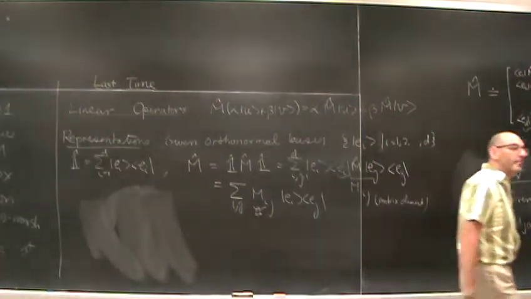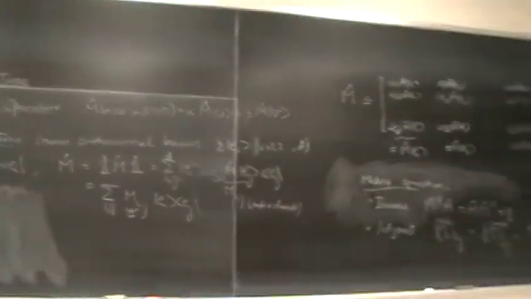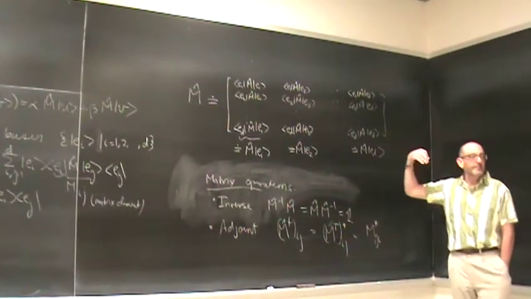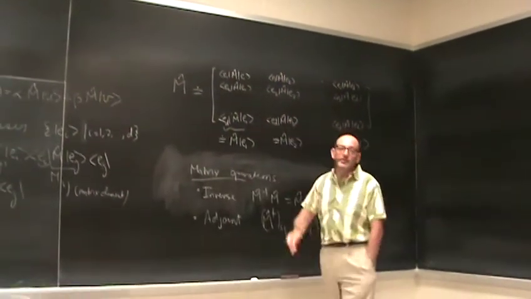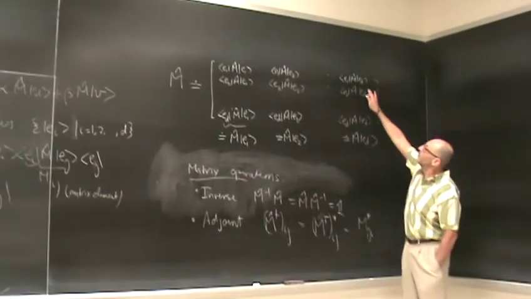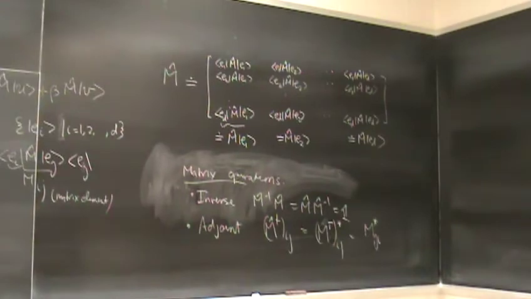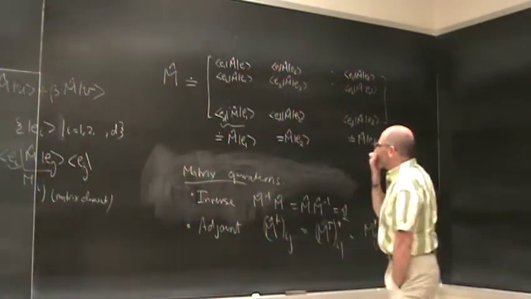And those complex numbers, the array of them, form a matrix. Okay, so this is a matrix representation of the operator in a basis. And these numbers are the matrix elements, the elements of the matrix. So the first index is the row and the second index is the column.